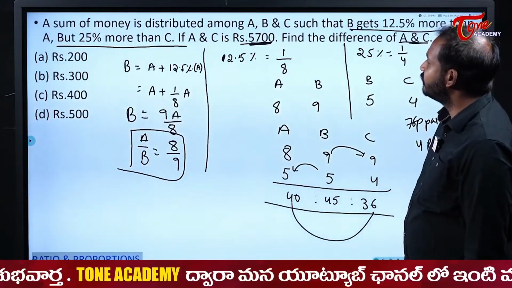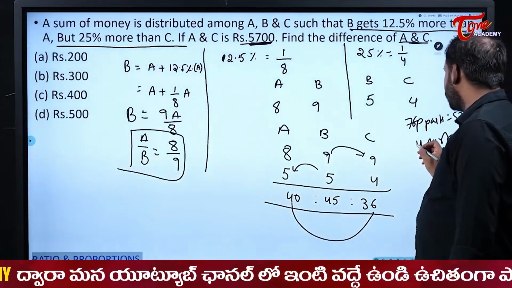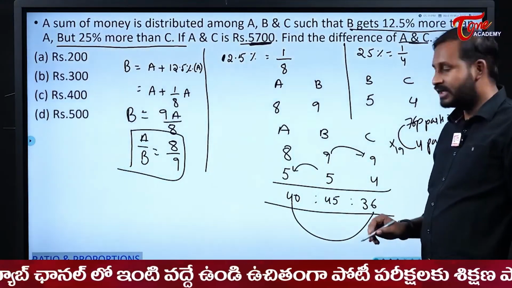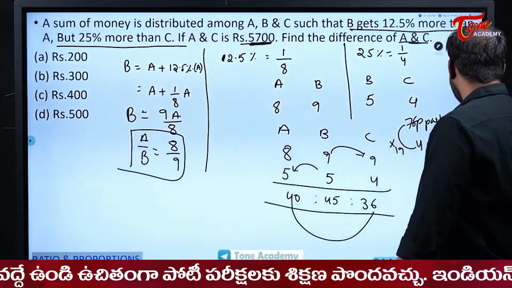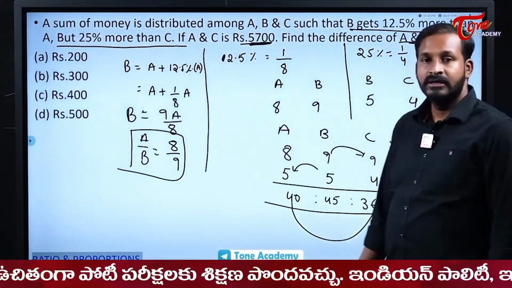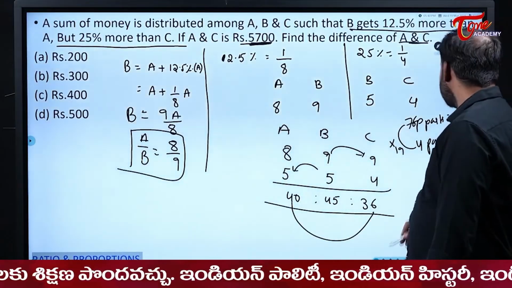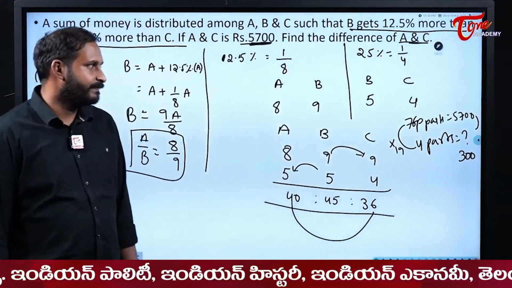If A and C is 5700, we will see. 76 divided by 19 is 4. Similarly, try to divide this with 19. 5700 by 19, you will get 300. Or else take x and try to calculate it. Anyway, both are the same.